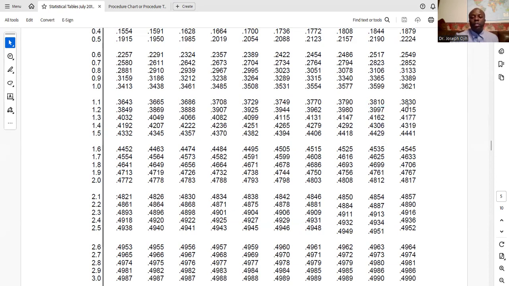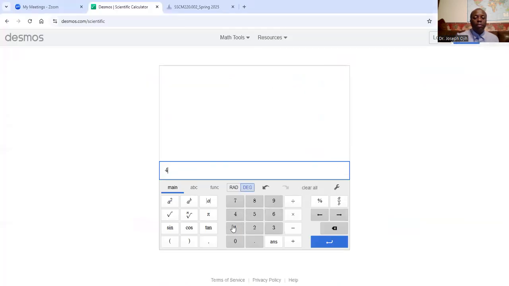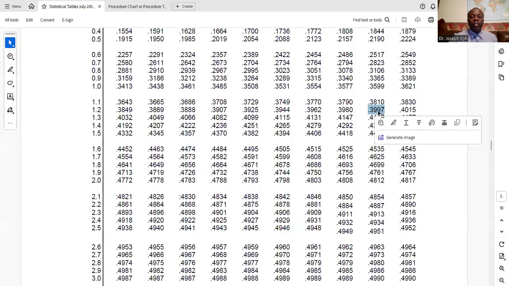Now let's check 4015. 4015 minus 4,000 is 15 points away. So you can see that 0.3997 is closest to 0.4000.